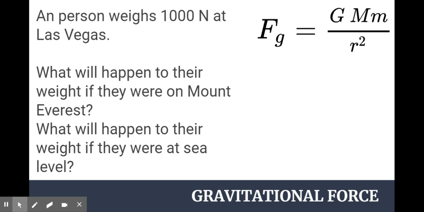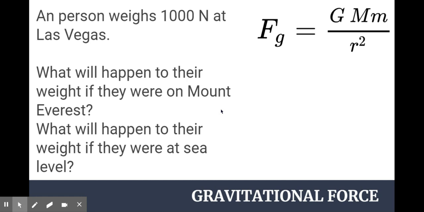Likewise, as the altitude or radial distance decreases or gets smaller, then the force of gravity will increase. Therefore, if somebody who weighs 1,000 newtons suddenly goes to Mount Everest, they will weigh less at the top of Mount Everest. And if they were to go to sea level, they would weigh more at sea level.